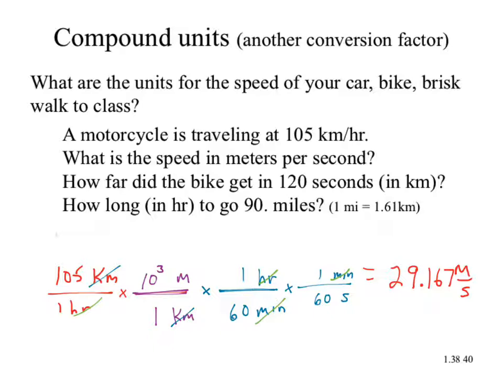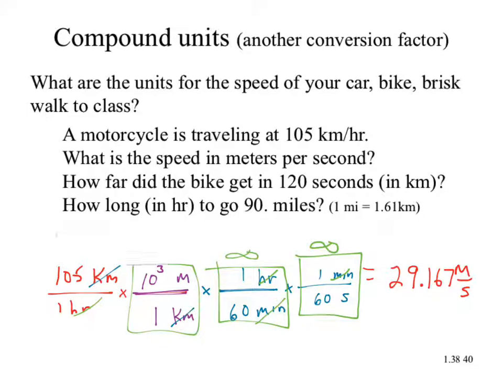Okay. We'd go back through and look at our sig figs in each of these calculations. How many sig figs in minutes to seconds? That's a definition, which means infinite. Hours to minutes. Infinite. Meters to kilometers. Infinite.